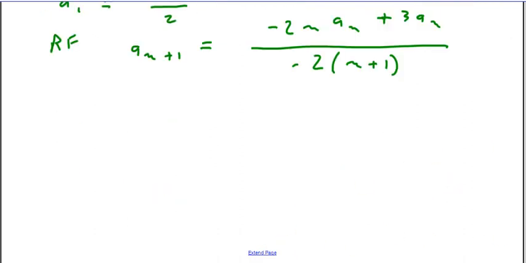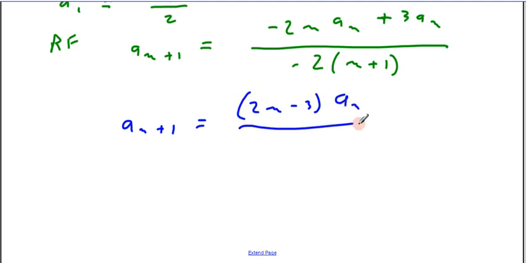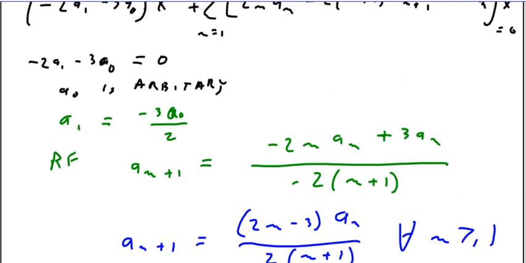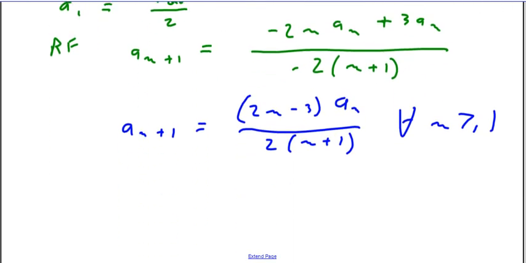Okay, and I'll work some algebra on that and say a_(n+1) is equal to (2n minus 3) a_n divided by (2n plus 1). And that's going to be for all n greater than or equal to 1. Okay, I think I'm all right to that point.